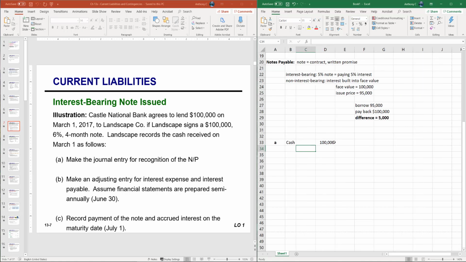Then our credit here, if we debited cash for $100,000, our credit in this journal entry should answer how we got that $100,000. In this case, we got the $100,000 by signing a note. A note payable is a liability, so to increase that by $100,000, make a credit. So that's your journal entry for the recognition.